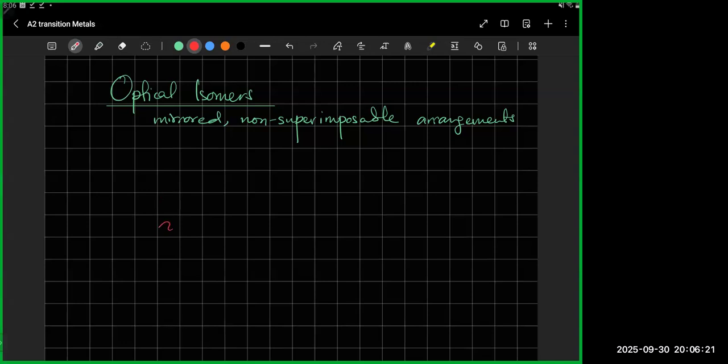It's a bidentate ligand. So you have a nickel ion, and it's got a dative bond on top, a dative bond on the right side. So that's your z-axis. Let's say that's your x-axis. Then there's the y-axis.